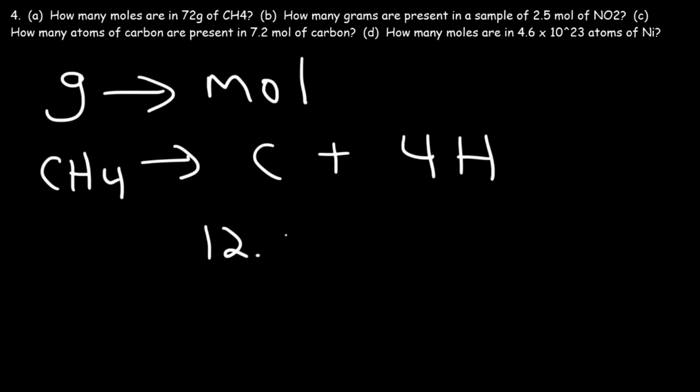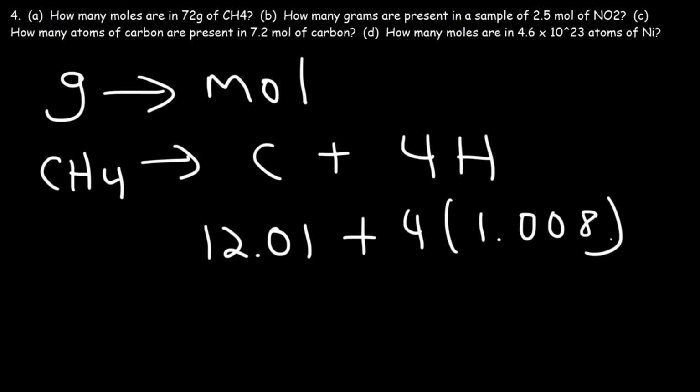The atomic mass of carbon is 12.01, and for hydrogen it's 1.008. Let's plug these numbers in. You should get a molar mass of 16.042 grams per mole.